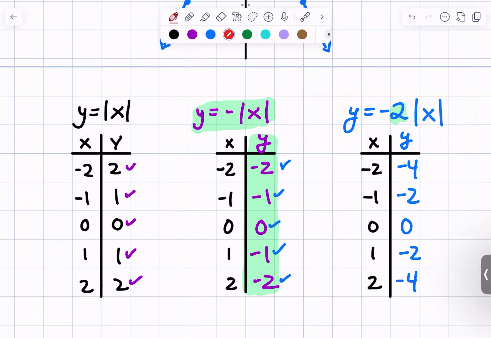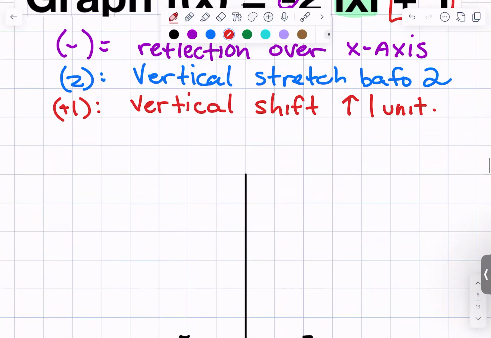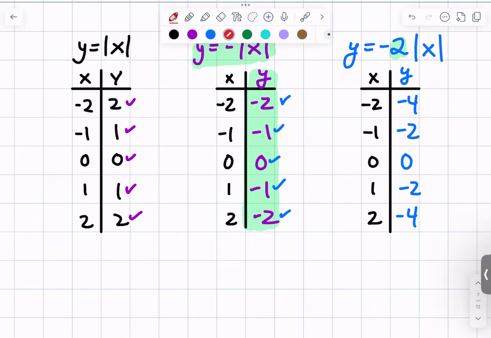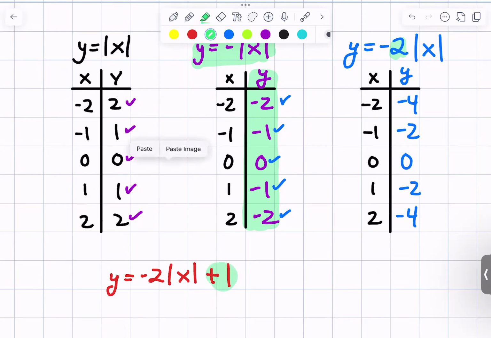Okay, right? And my last one, I believe, is a vertical shift up 1, right? So this equation is y equals negative 2 absolute value of x plus 1. So the only thing that's different here from the blue one is the plus 1, right? So what does the plus 1 do?